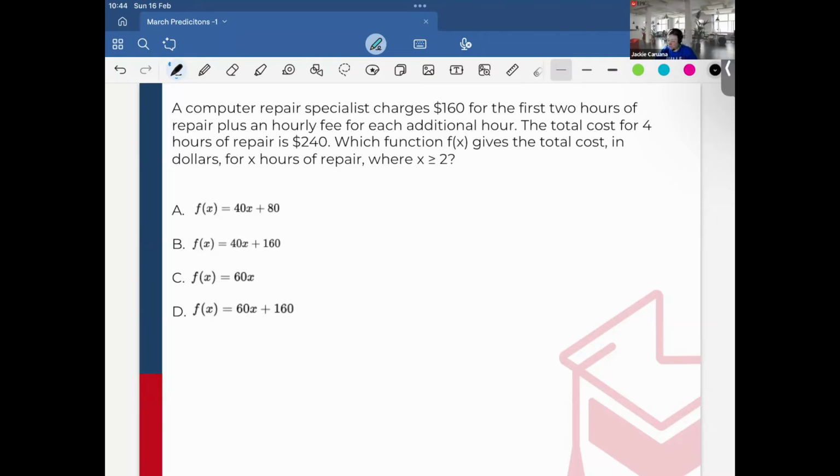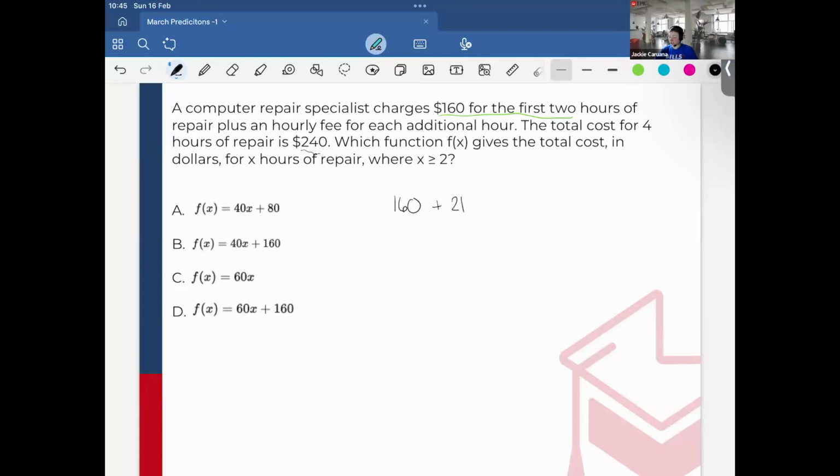Okay, so I know that for 4 hours of repair, it's $240, and the first 2 hours, it's $160. So if I want to see what the cost for each hour is, I would take the flat $160 for the first 2 hours.